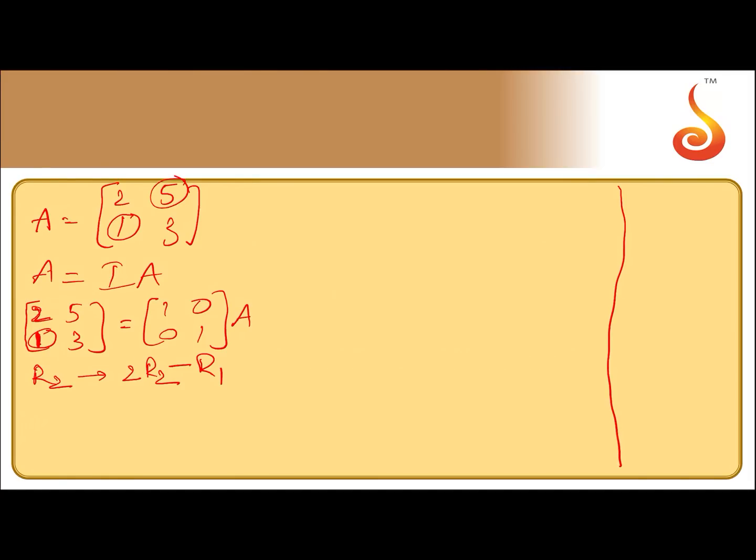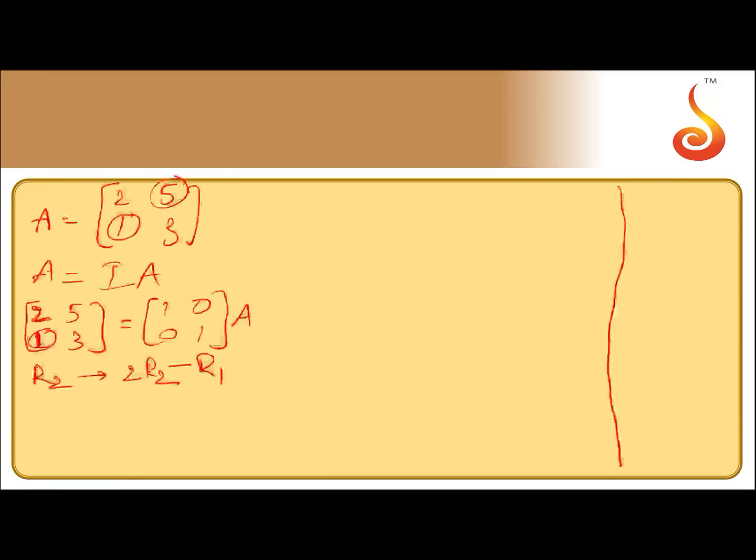I will write the calculations here. What is 2 times R2? 2 into 1, 2 into 3, 2 into 0, 2 into 1. Subtracting R1: 2, 5, 1, 0. Subtracting it gives 0, 1, minus 1, 2.